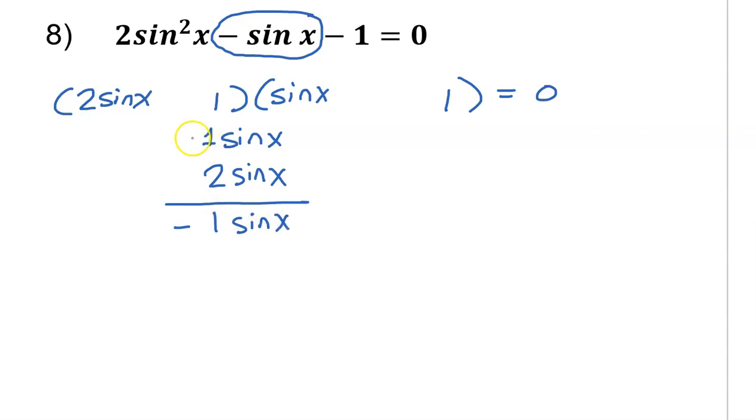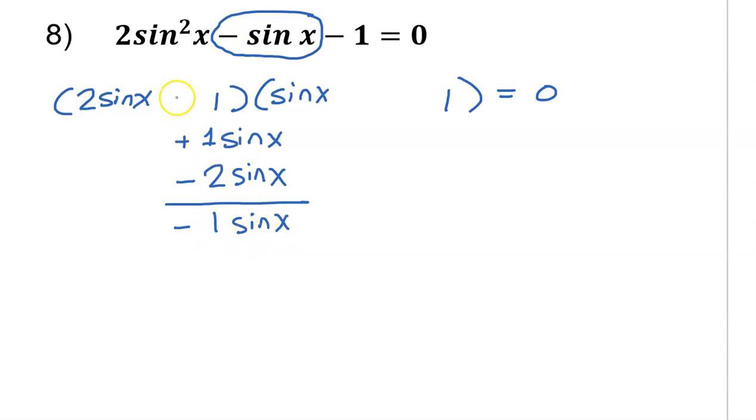I can control whether or not these are positive or negative. If I pick the signs correctly, I can get negative 1. How do I need to pick the signs to give me negative 1 sine x? Well, I would need this to be positive, and I would need this to be negative. Together, that will make negative 1 sine x.